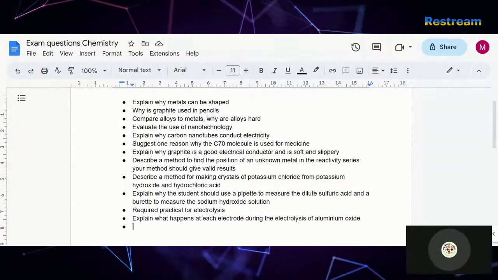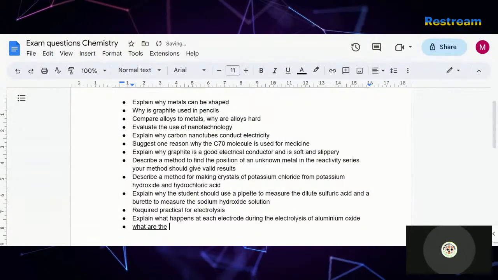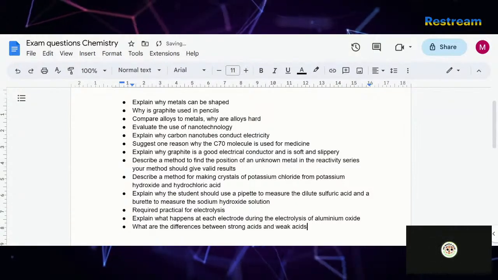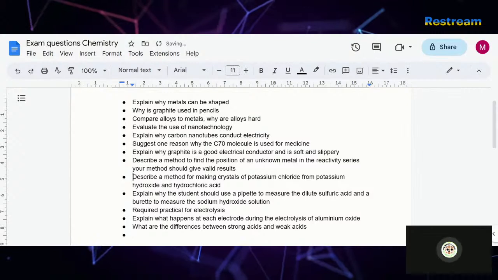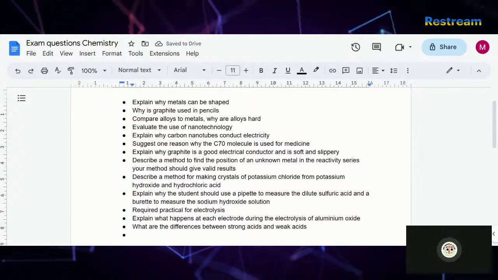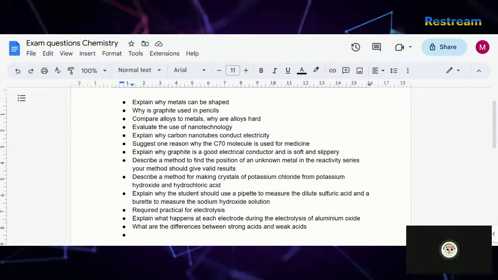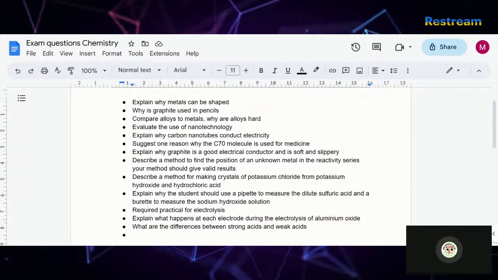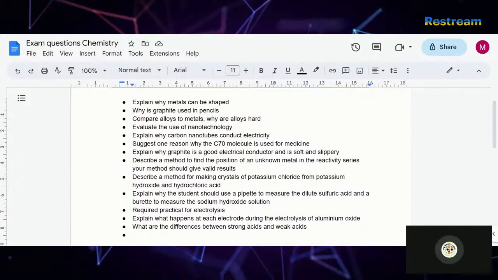What are the differences between strong acids and weak acids? So this is our next question, and it has been asked 2 years in a row. So be aware of this question. Now, I need to tell you some key facts about acids and concentration and being strong or not being strong.